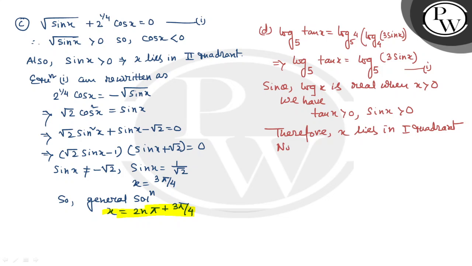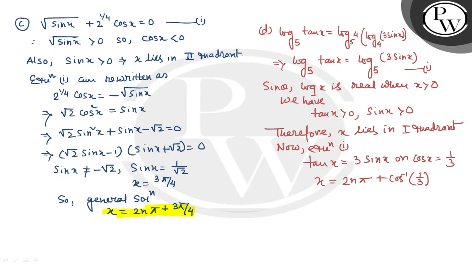Now in equation 1, tan x is equal to 3 sin x, or cos x is equal to 1 by 3. So x is equal to 2n pi plus cos inverse of 1 by 3, and n belongs to Z.